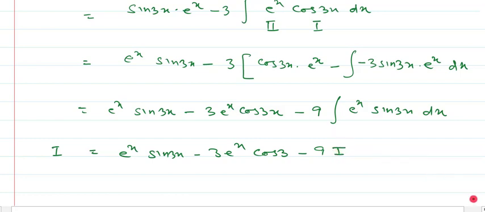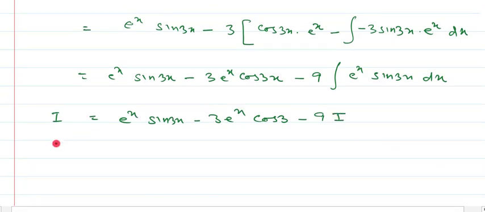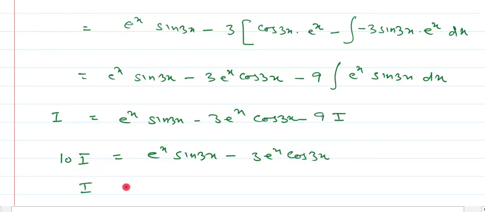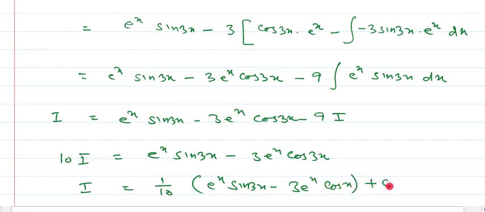Okay, now taking this 9I to the left hand side, clearly you will be having 10I is equal to e power x sin 3x minus 3 e power x cos 3x. So therefore I is equal to 1 upon 10 into e power x sin 3x minus 3 e power x cos 3x plus c.